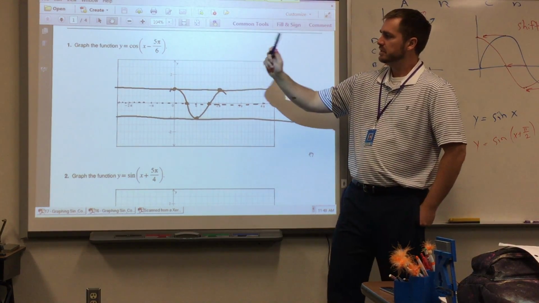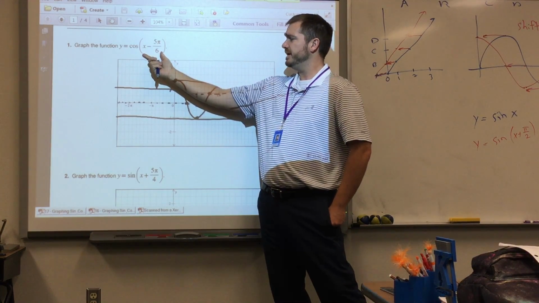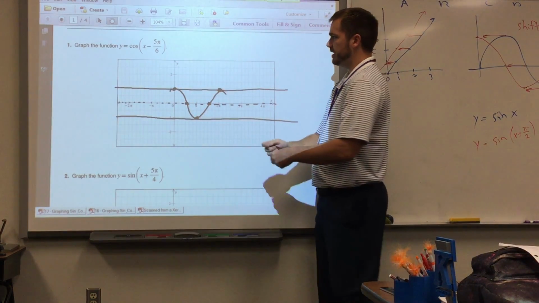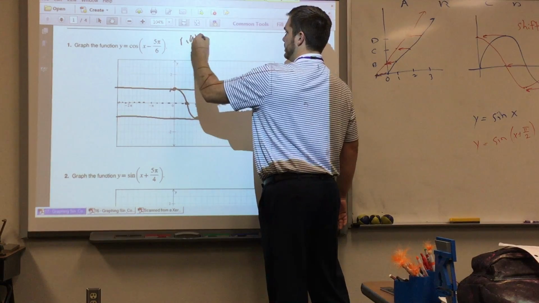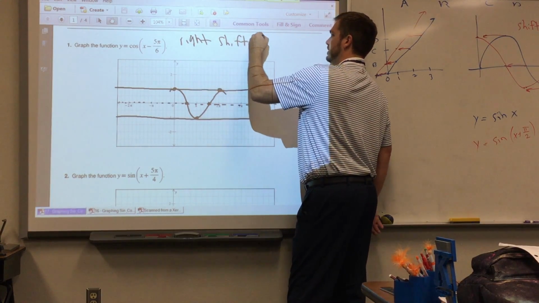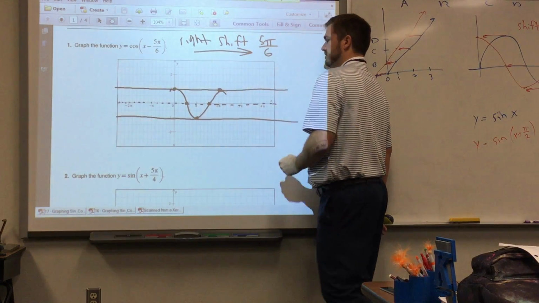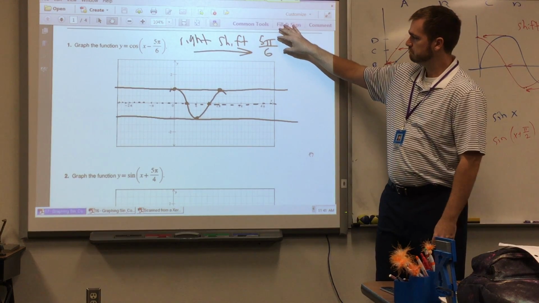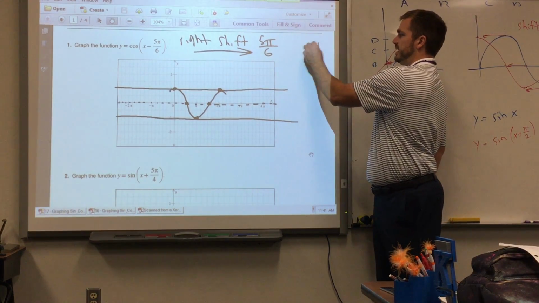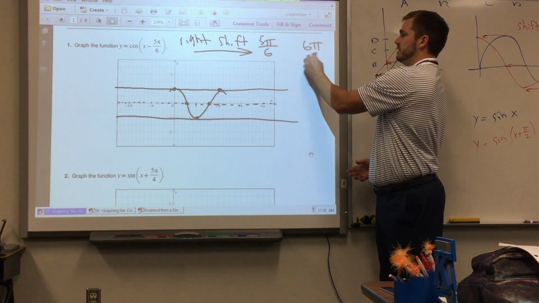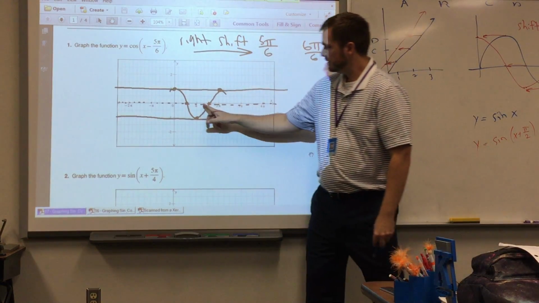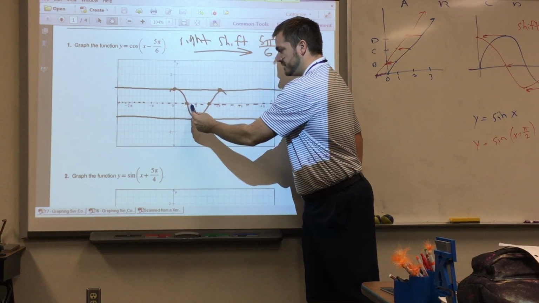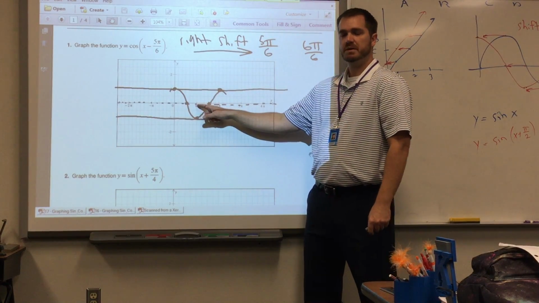All right. Inside the parentheses, we have cosine of x minus 5 pi over 6. Class, is that going to be a left shift or a right shift? You are right. 5 pi over 6. How are we going to figure out what that is? Well, what if it was just pi, or 6 over 6? It turns out Alex is real nice to us. There are 6 boxes between 0 and pi.